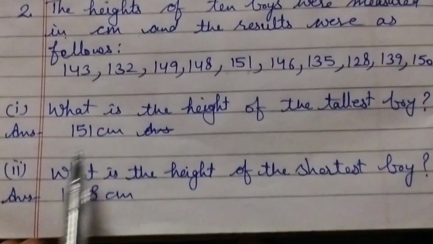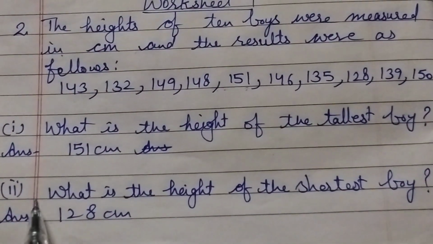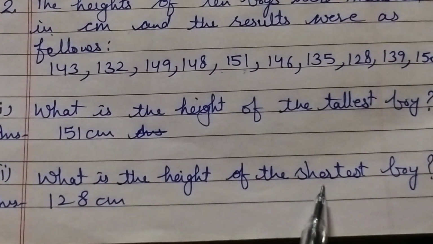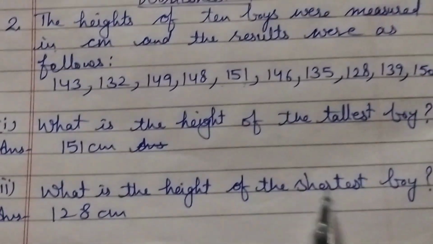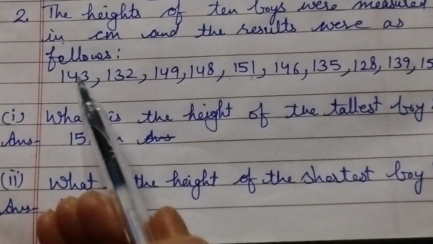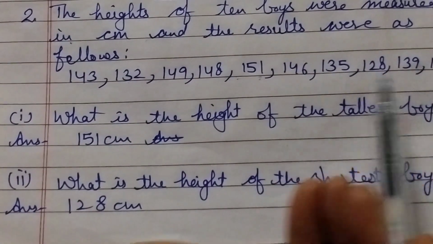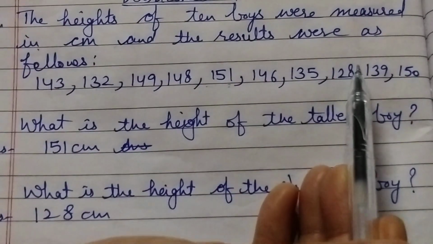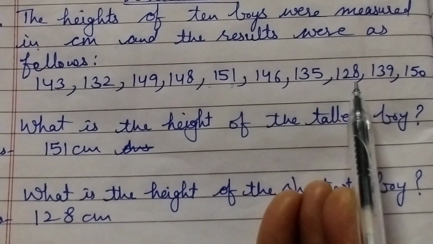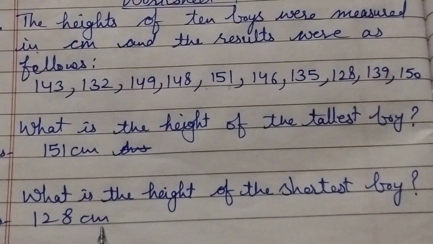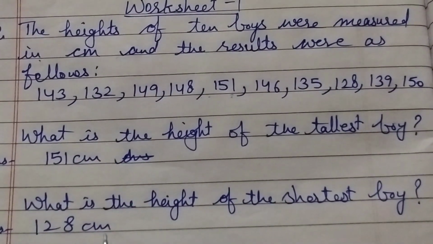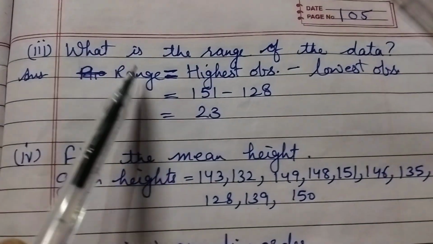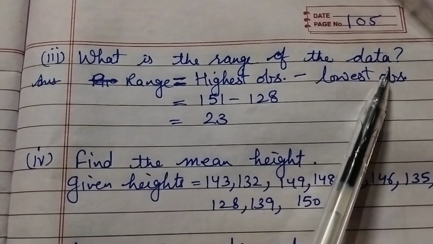In centimeters it is. Now next is, what is the height of the shortest boy? We will see the smallest number. Here, 128 is the height of the shortest boy. Clear? Third part is, what is the range of the data?